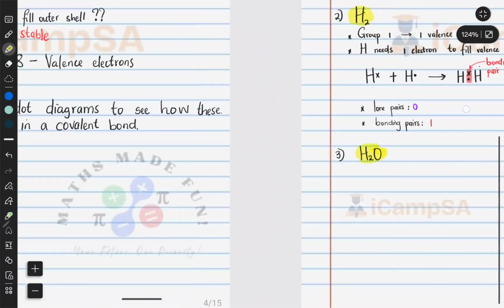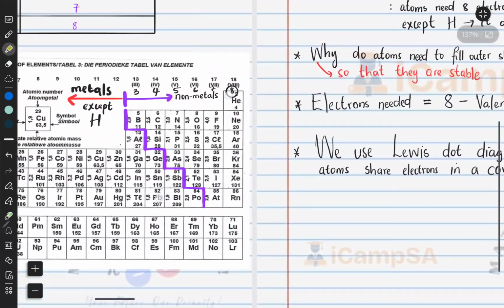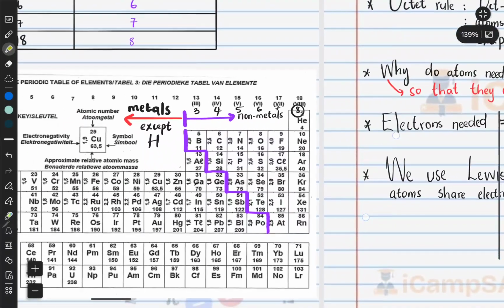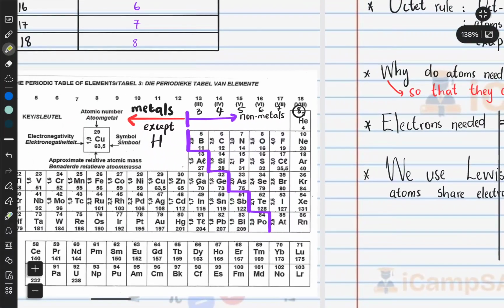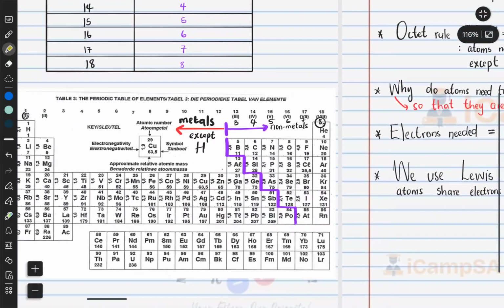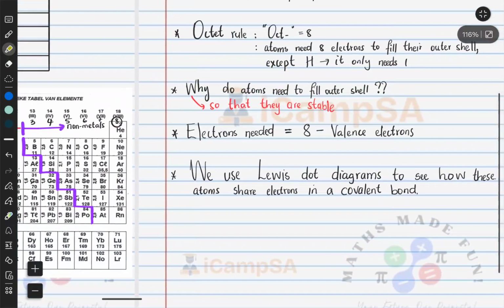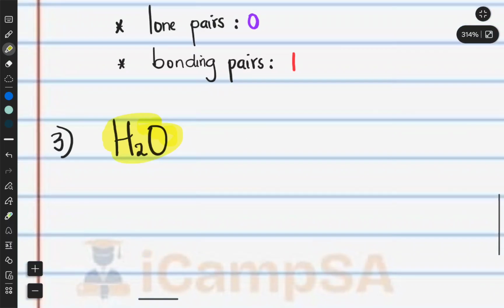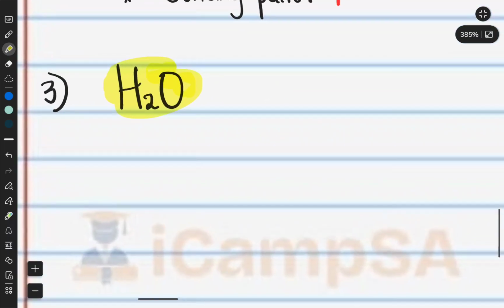If we go to our periodic table, oxygen is in group 16 and has 6 electrons in its valence shell, which means it needs 2 more to reach 8. Hydrogen, on the other hand, will need just 1 more. There are 2 hydrogen atoms and 1 oxygen atom in the water molecule.